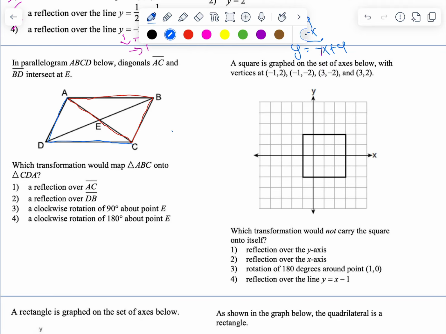A clockwise rotation of 90 degrees around point E. That's not really going to work either. A clockwise rotation of 180 degrees around point E. That seems reasonable. So I'm between answer choice number 1 and answer choice number 4. So let's try to narrow down which one it could be. So a reflection over AC.